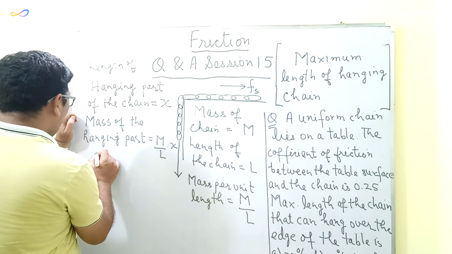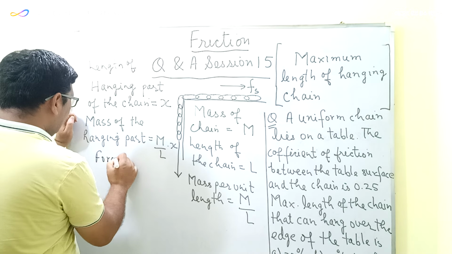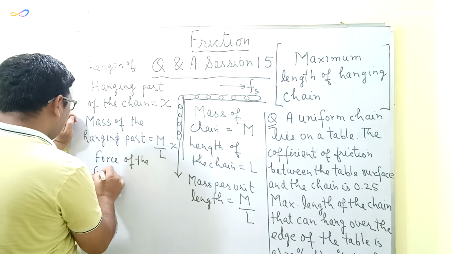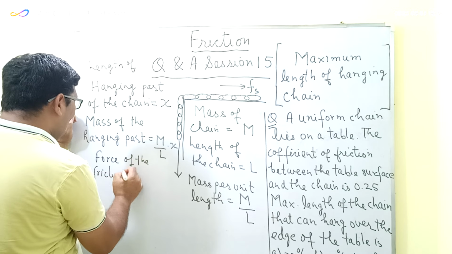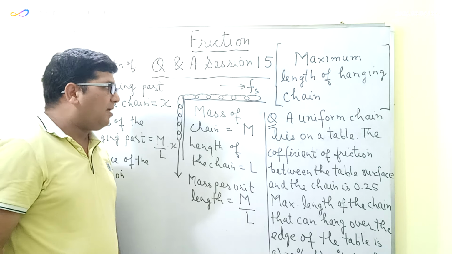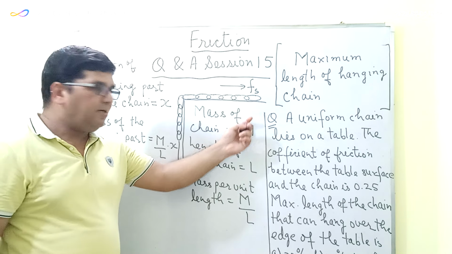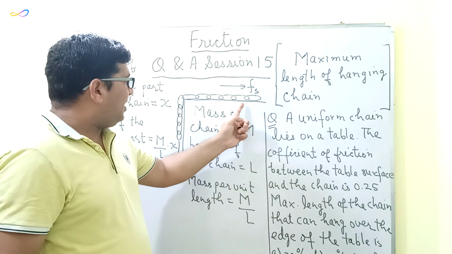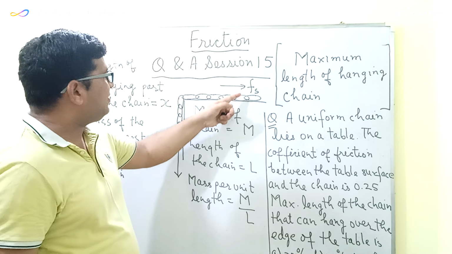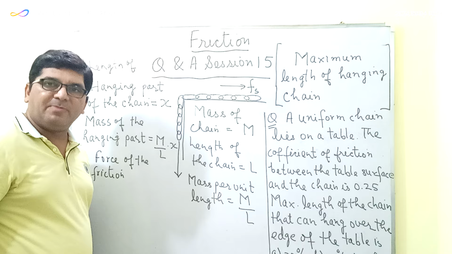Now this force of friction is basically the maximum value of the force of friction which can be generated between this table surface and the chain, and that is called the limiting friction.